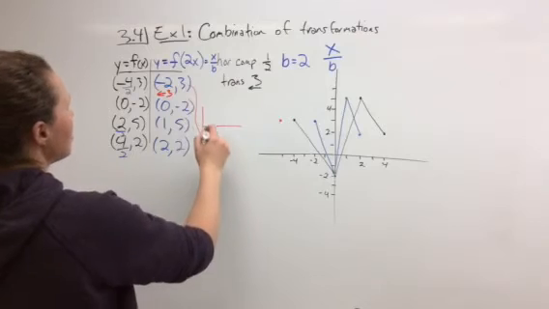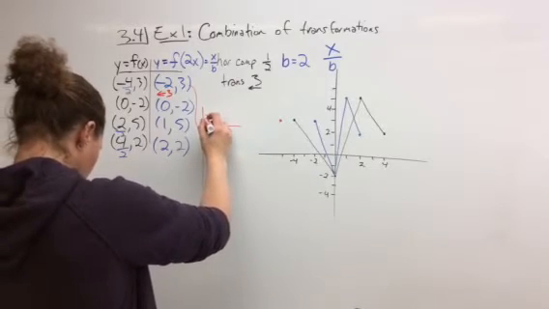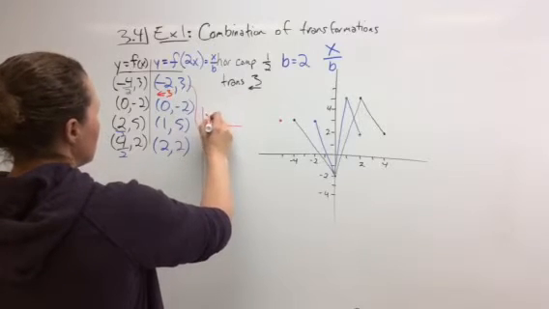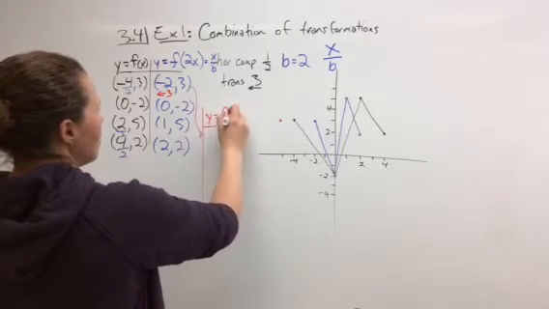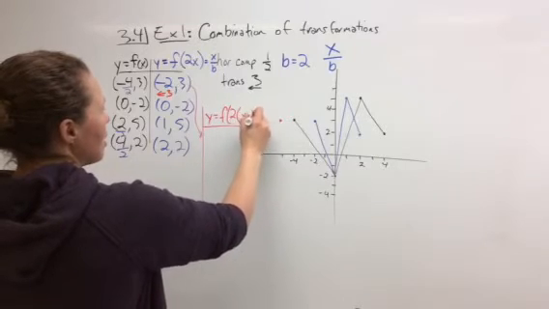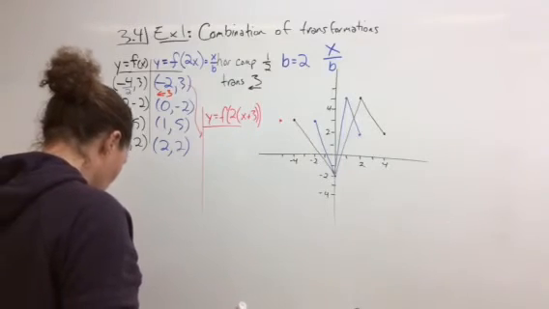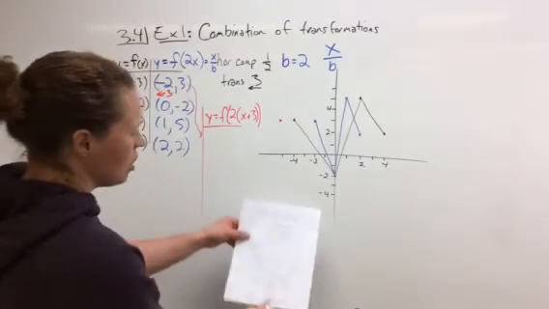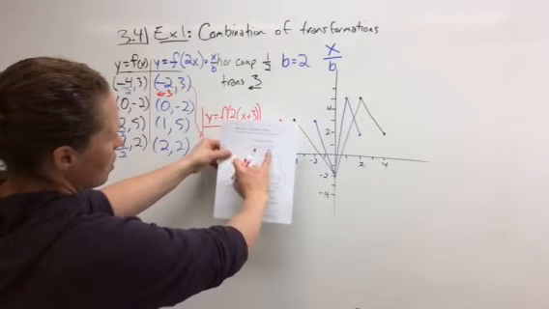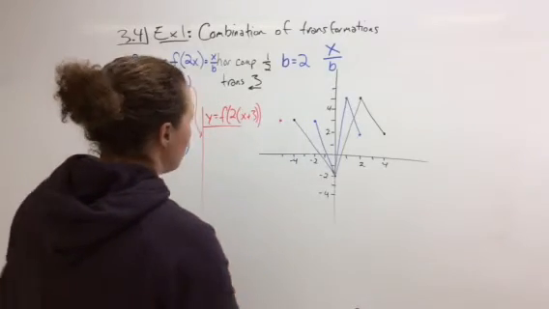Sorry about the mess. This one is going to be y equals f of 2x, but then I'm moving x 3 over. And you can see the +3 in your handy-dandy worksheet where it says if it's inside the function, it's going left, it's x plus the number that I'm given.